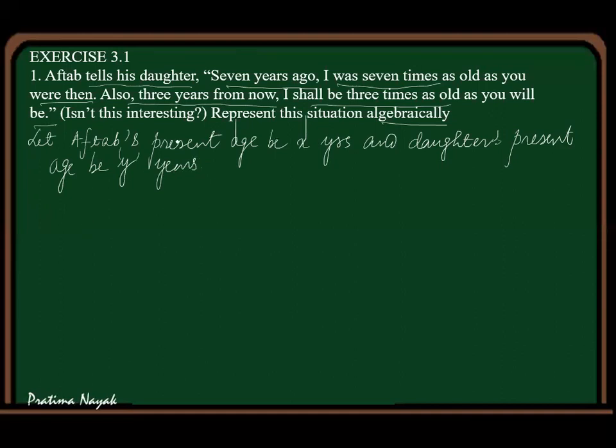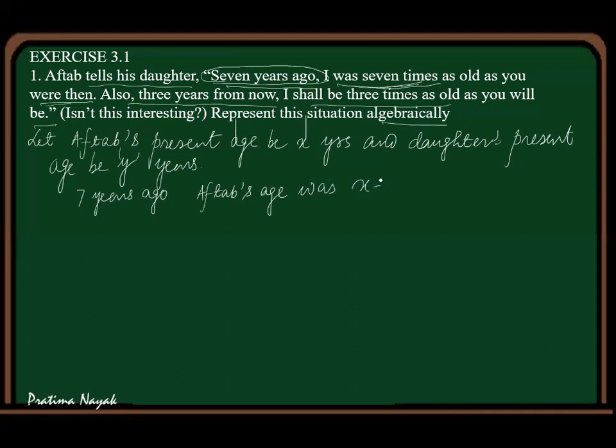So now, according to the question, 7 years ago, that means before 7 years, Aptak was 7 times the age of the daughter. So 7 years ago, Aptak's age was how much it will be? 7 less.